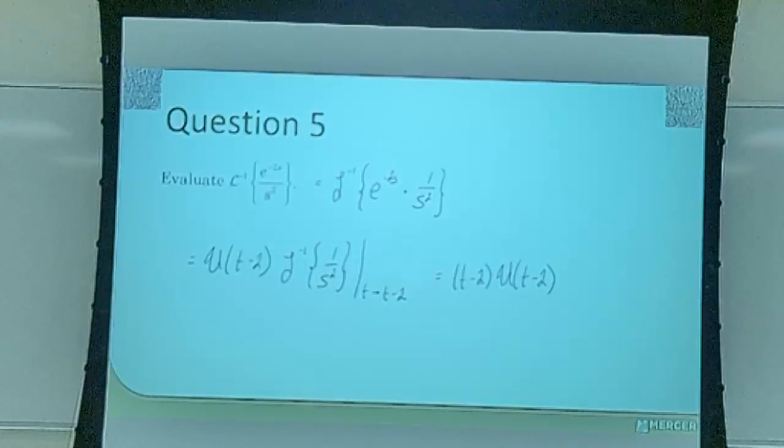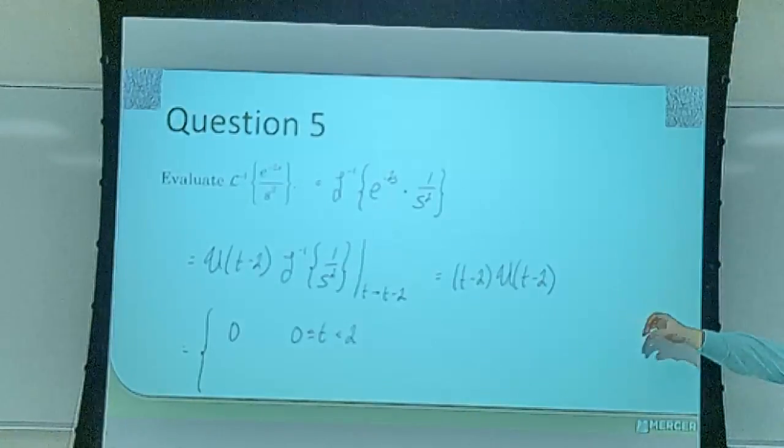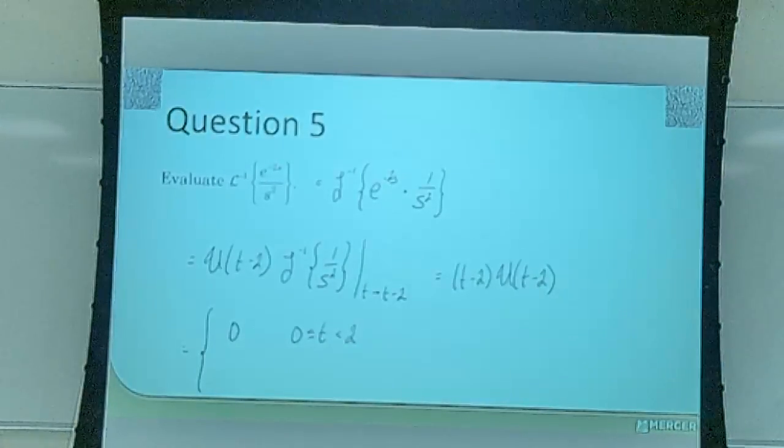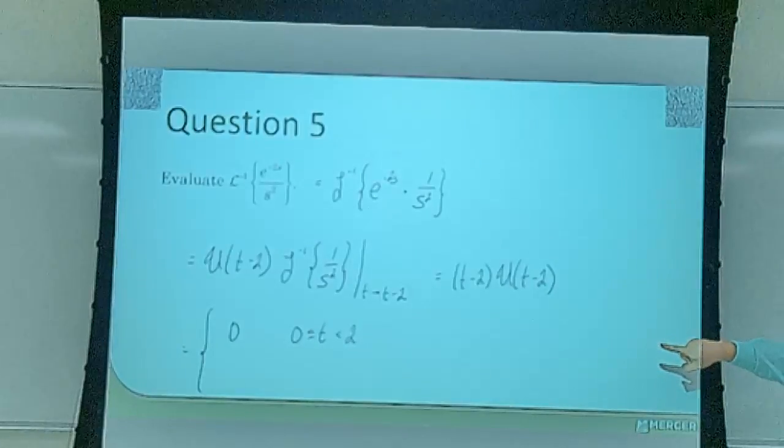We could write this back in its piecewise form. Only going to be 2 pieces. First piece is 0, and then t minus 2 from 2 onward. Remember, this t minus 2 had to be f1 minus f0, but we just said f0 is 0.